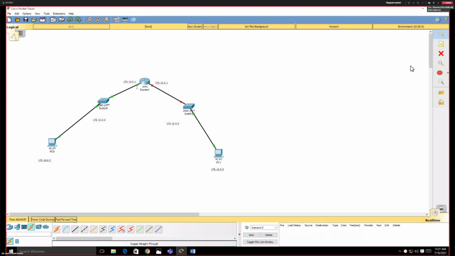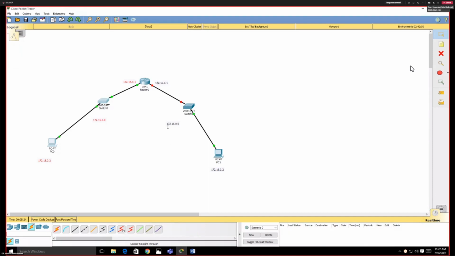So 172.15.0.1 is matching with 172.15.0.2, the left network, LAN 1, yes or no? Yes, sir. Any question, any query you have, you can ask me. Do you have any question?